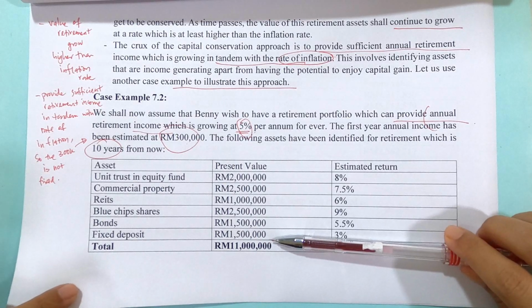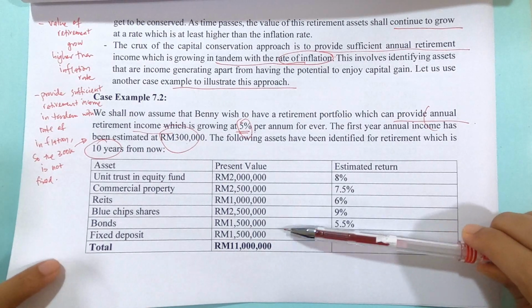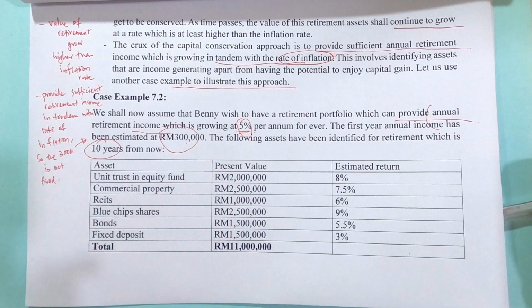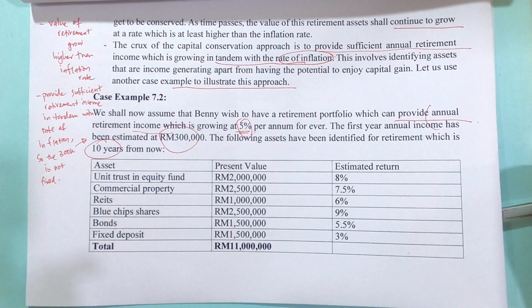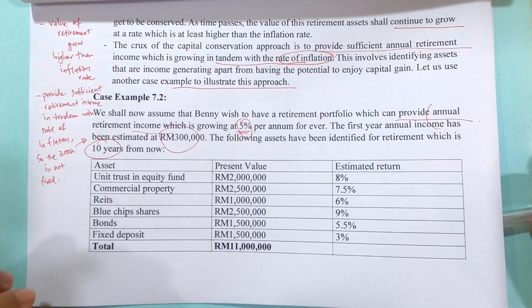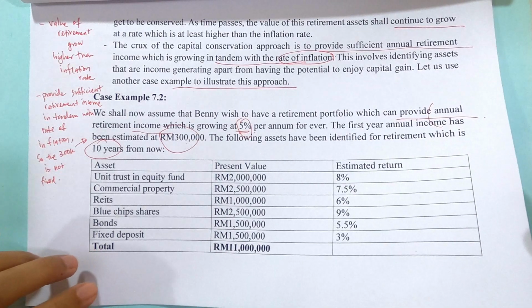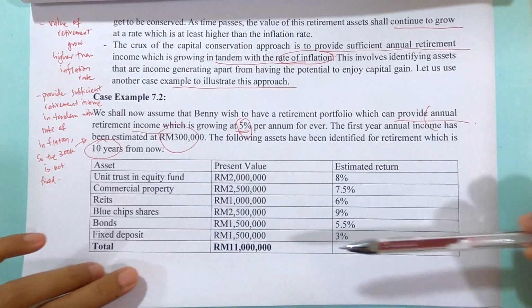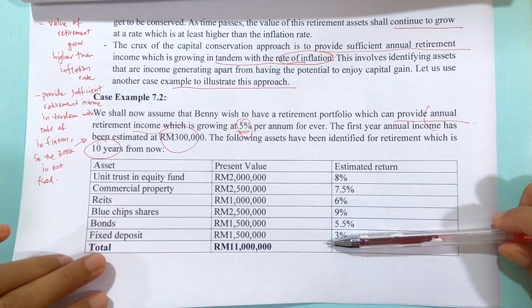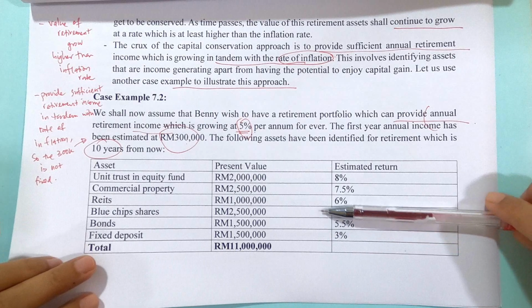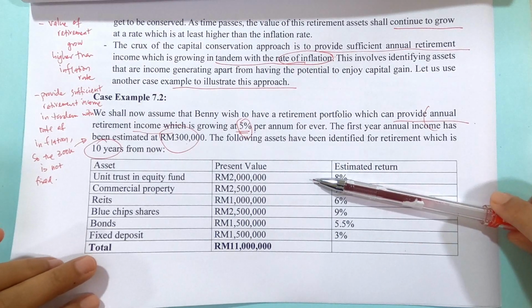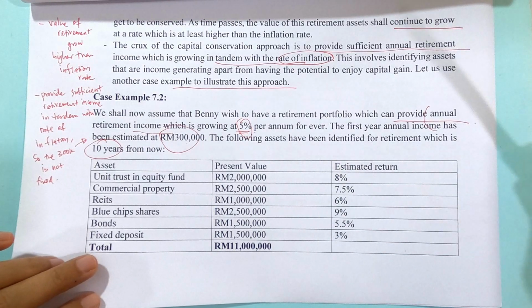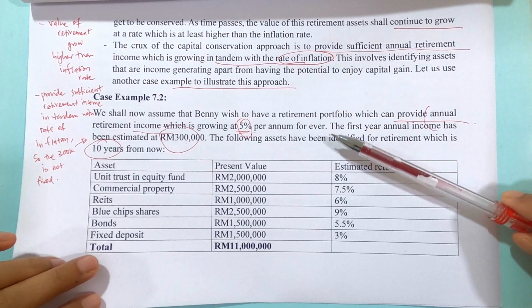It is important to note that the case of capital conservation is very rare for the client, because not many people on earth actually have this huge amount of funds. Normally, the majority of people will follow the capital liquidation approach.